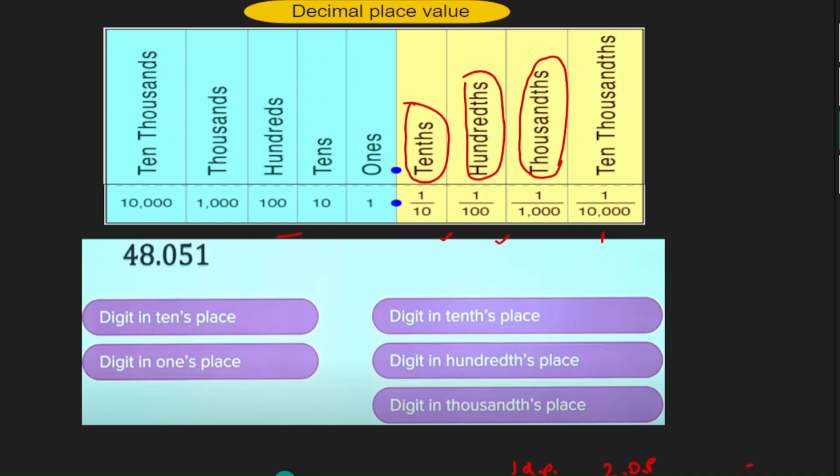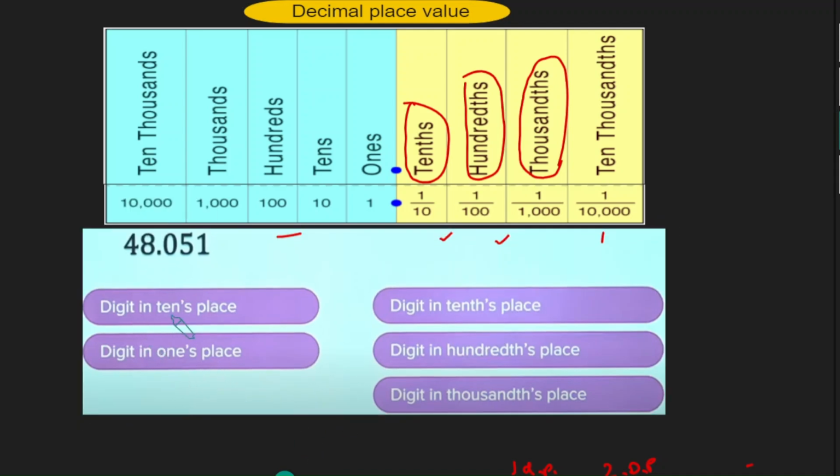Now the question is for you. You can see the question here. Digits in tens place. When we talk about tens place, we will see what is written here. Tens, not tenths. There is a difference. Tenths and tens. When it is spelled tenths with th, then it is after the decimal point, like here, tenths, hundredths, thousandths.